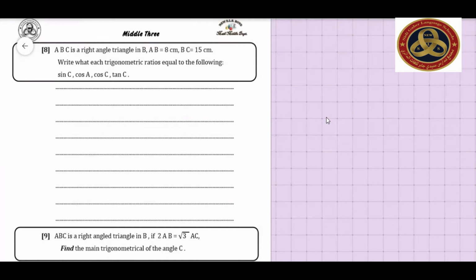So first, I have to draw the triangle myself. And this triangle is a right angle triangle. The very important point: right angle at what? Right angle at B. So I have to write B first. A, B, C. He gave me the length of AB, 8 centimeters, and BC, 15 centimeters.